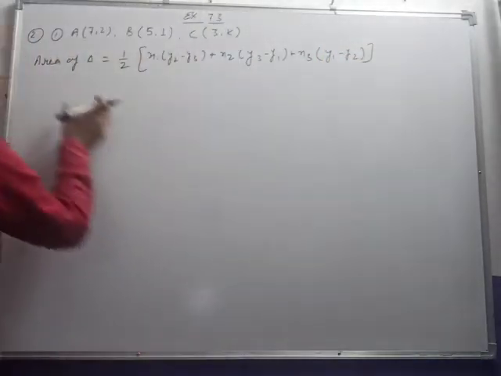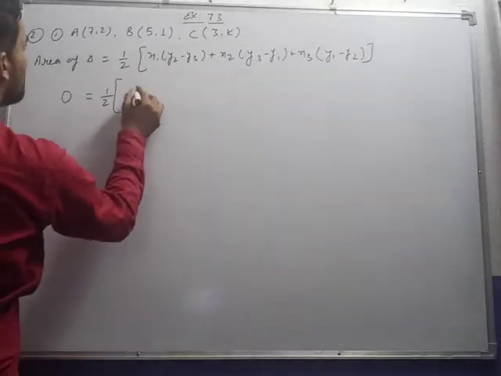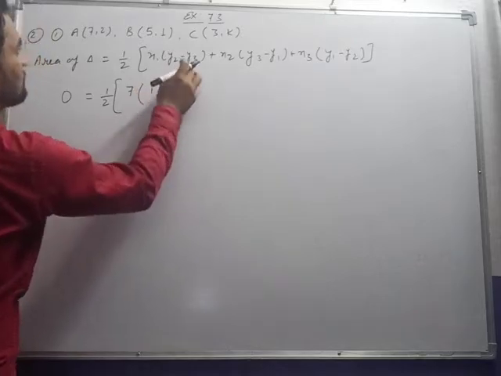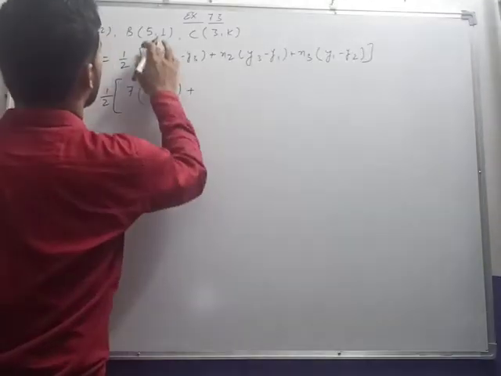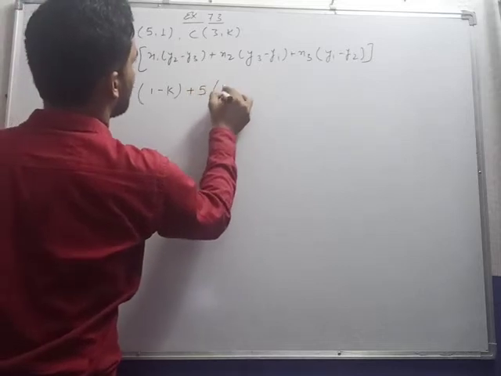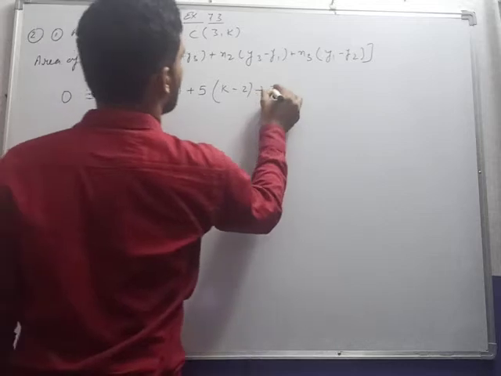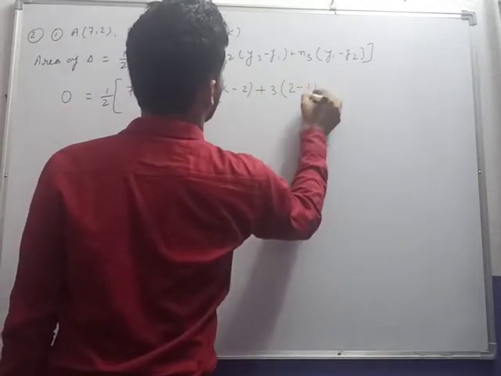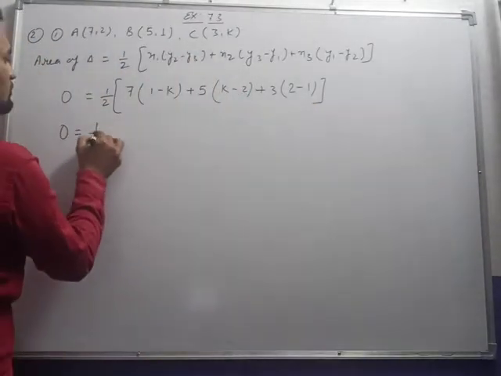The area of the triangle must be 0, so this will be 0. 1 by 2, x1 is 7, y2 is 1 minus y3 is k, plus x2 is 5, k minus 2, plus x3 is 3, y1 is 2 minus y2 is 1. So this will be your solution part.